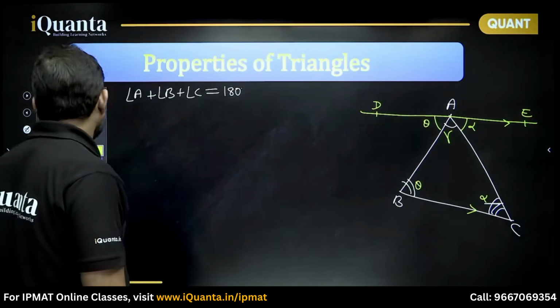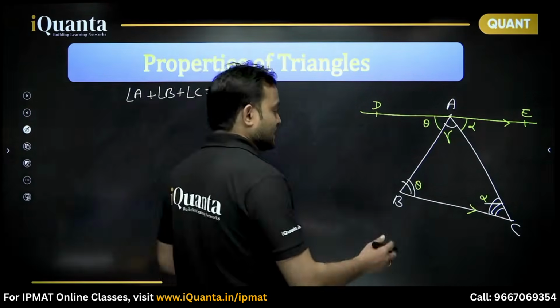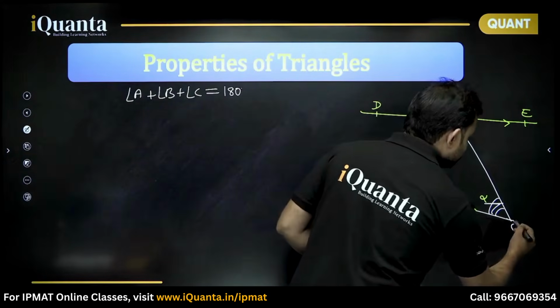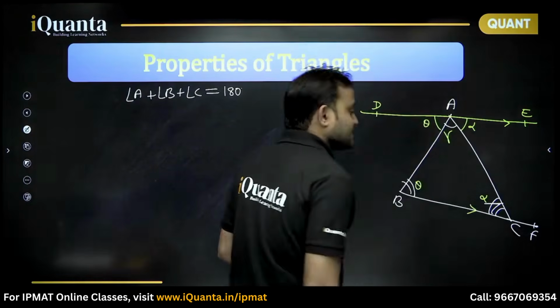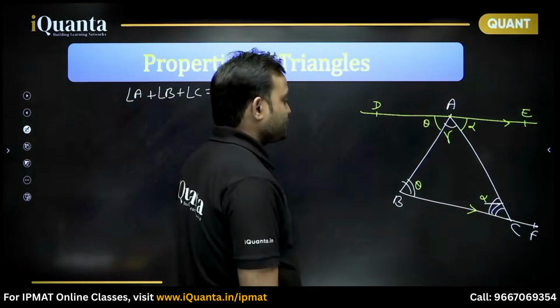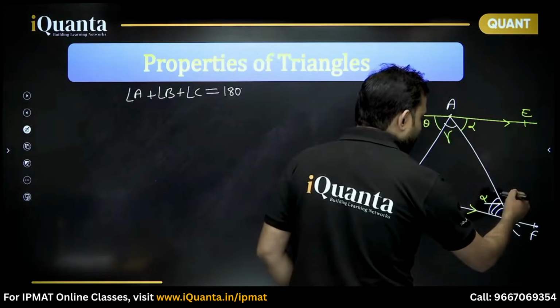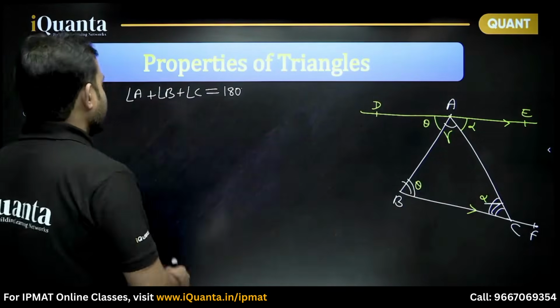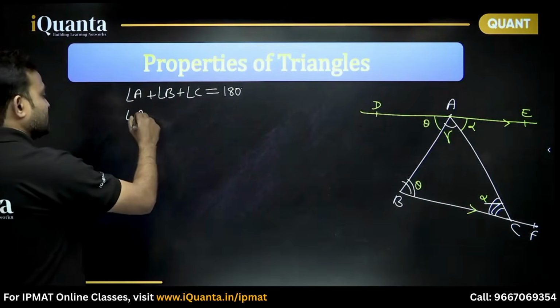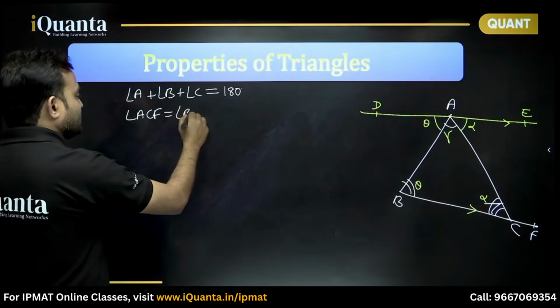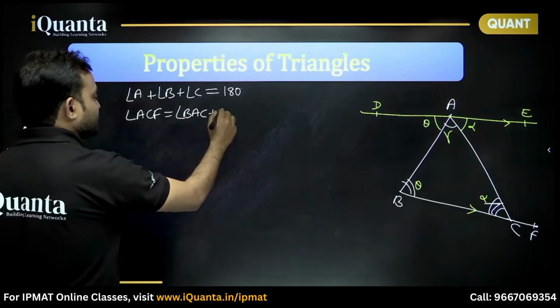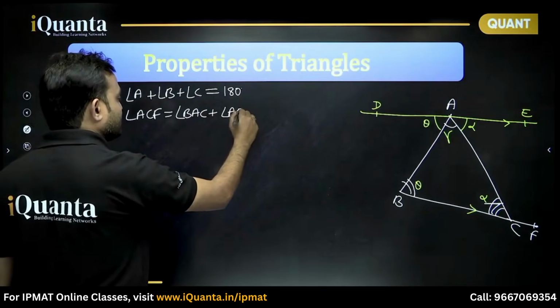Apart from this, there is another property of a triangle which is known as the exterior angle property. Let's say this point is F. Then what do we know? That angle ACF will be equal to angle BAC plus angle ABC.